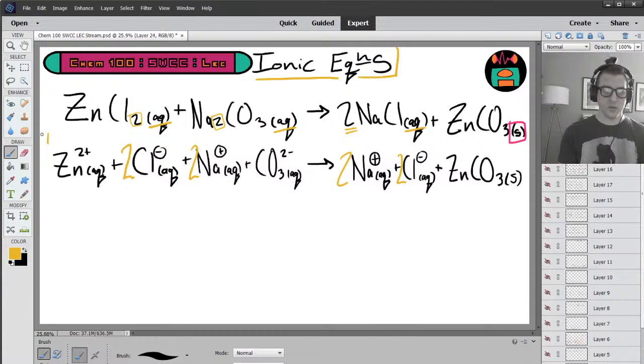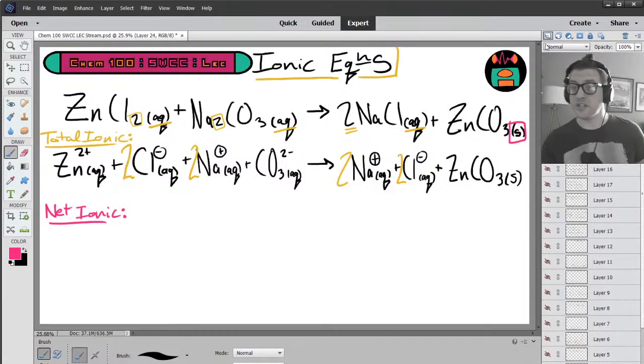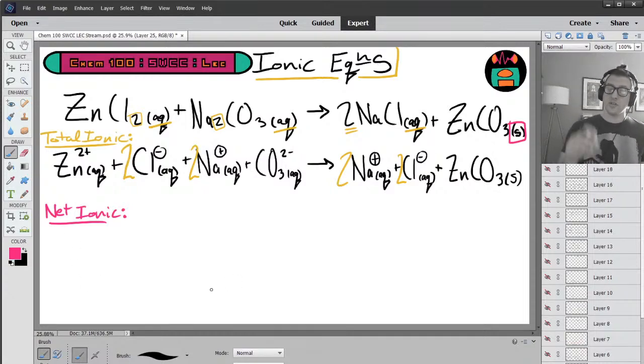All right, this is the total. Next, let's write the net ionic. All right, the net ionic equation. Now we're going to get to the net ionic equation by identifying our spectator ions and canceling them.